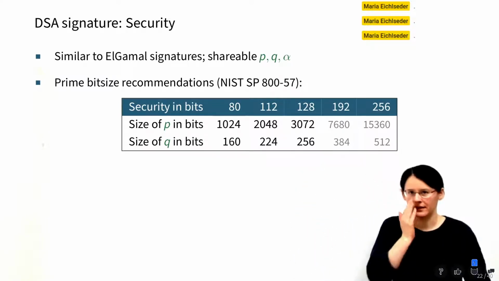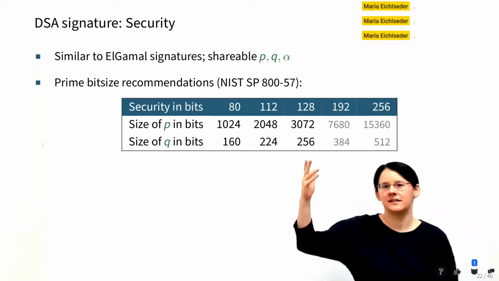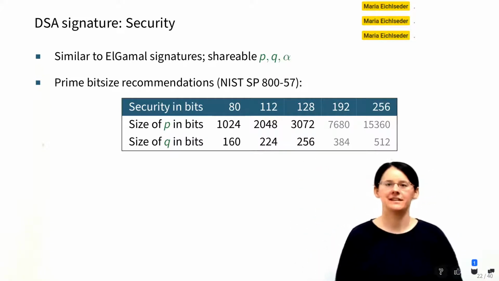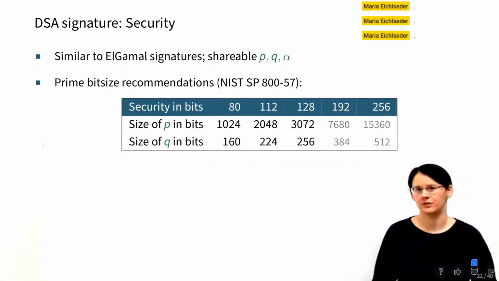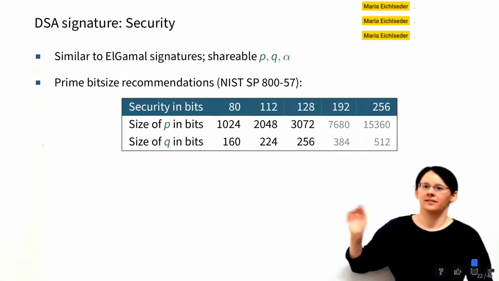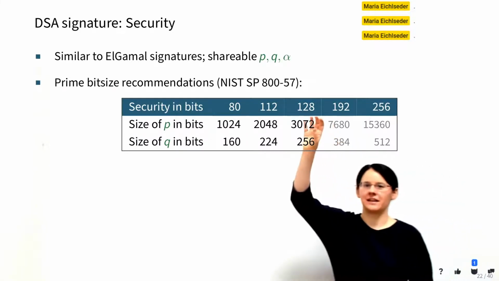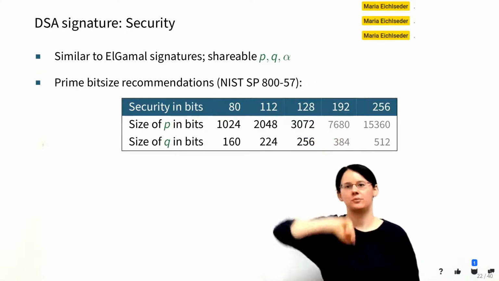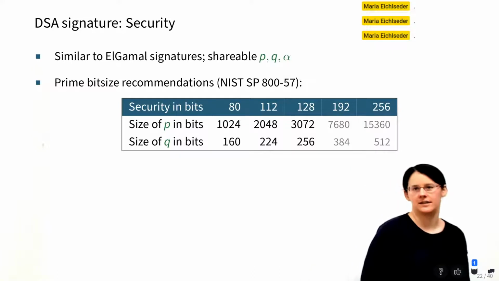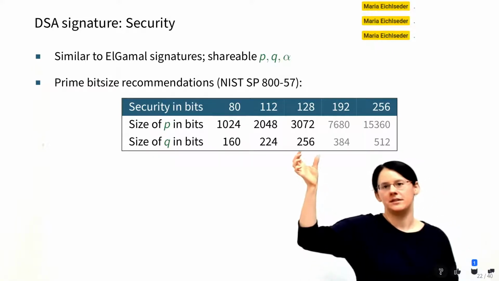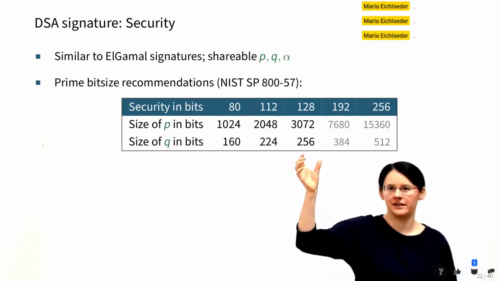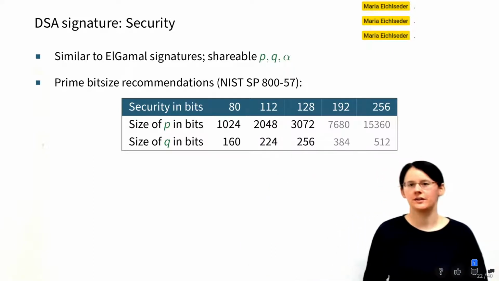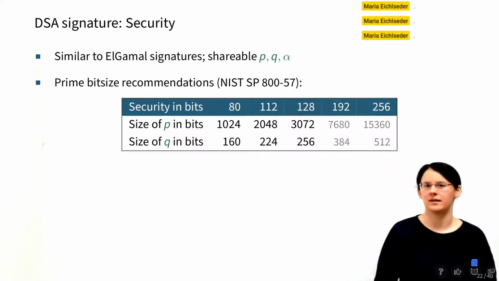And this is the size that we also saw previously that we would like to have for this sort of schemes. So DSA doesn't quite manage to bring down the key size and the size of all the computations to this level, but it does manage to bring down at least the signature size, which is 2 times this. So the signature in this construction is 4 times the security level.